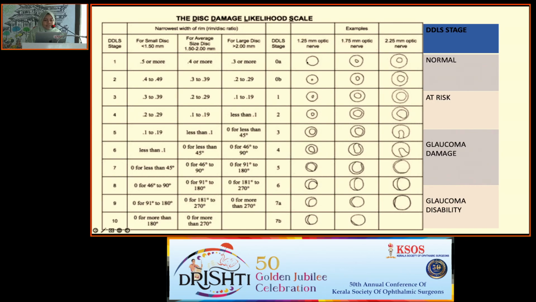Here it considers the disc size and classifies into small, medium, and large. It considers the location of the cup and width of the neuroretinal rim, and if at all it is absent, the extent of absence is also included. It divides the glaucomatous disc into 8 stages and helps in documenting progression of the disease.